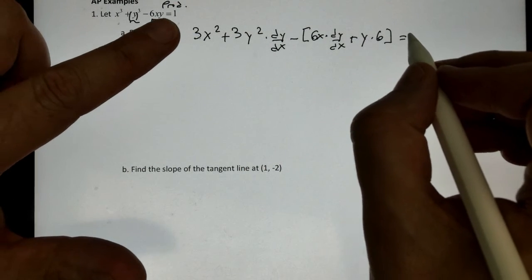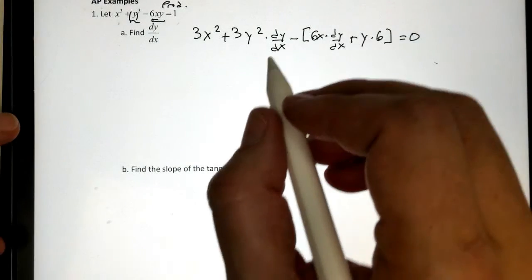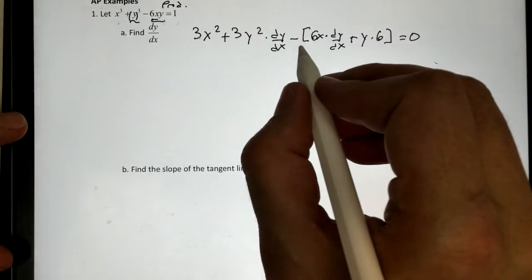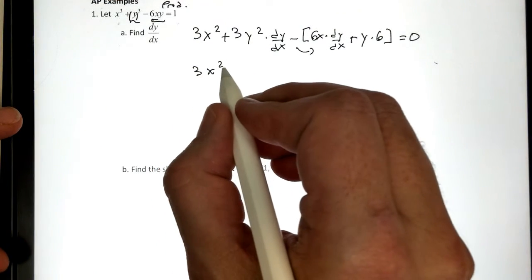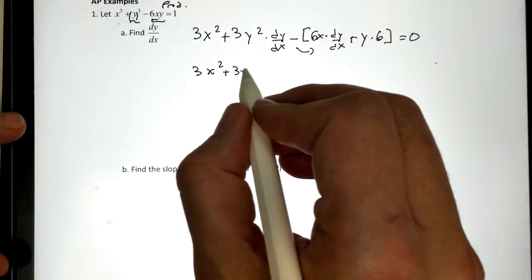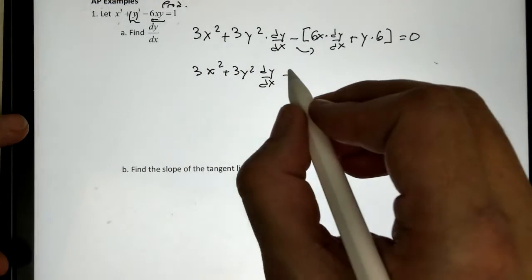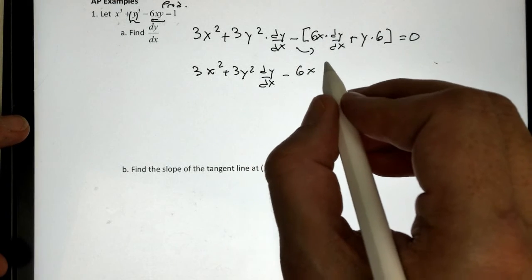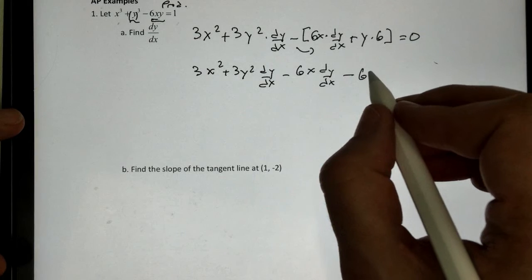And that's going to equal 0, because the derivative of 1 is just 0. So our next step is to distribute, get rid of that negative. That's going to give us 3x squared plus 3y squared dy/dx minus 6x dy/dx minus 6y equals 0.